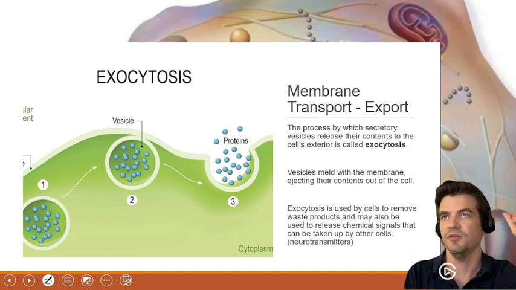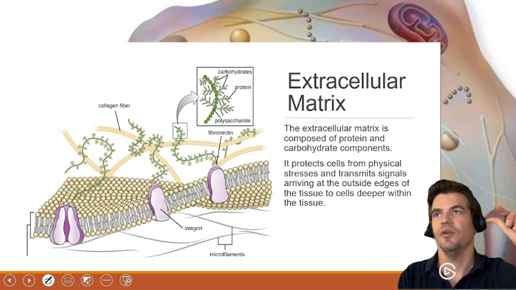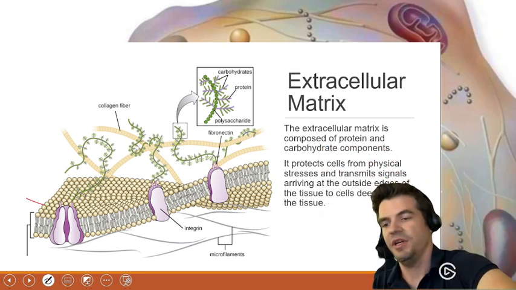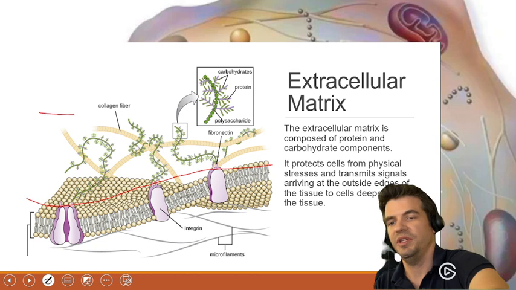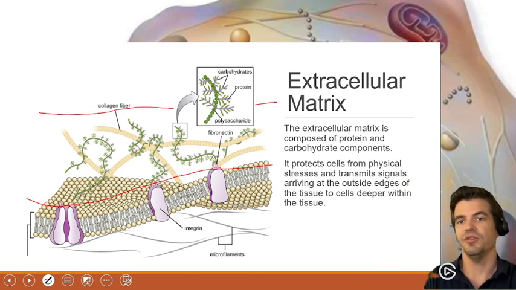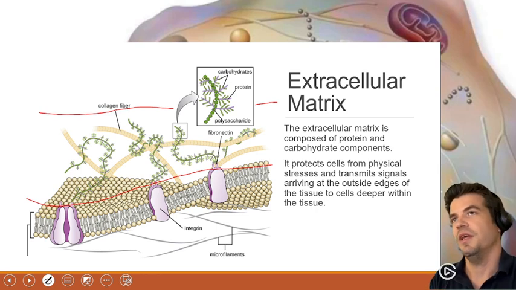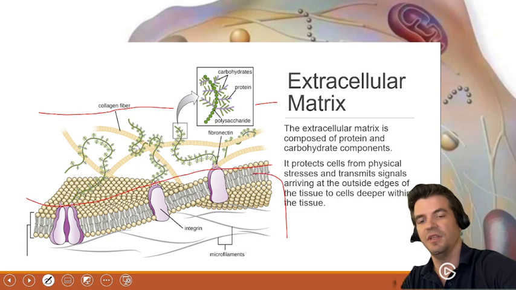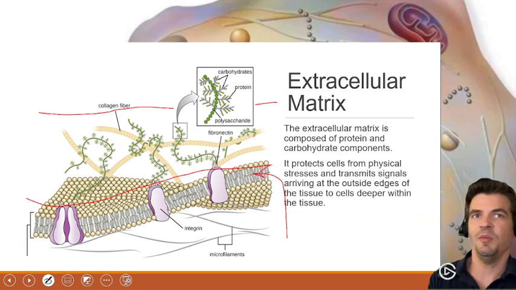And that is exocytosis. All right, and in the eukaryotic extracellular matrix, remember it is collagen, fibers, carbohydrates, protein, sugars, all of it, but it is not phospholipids. The phospholipids are in the phospholipid bilayer or the cell membrane layer.